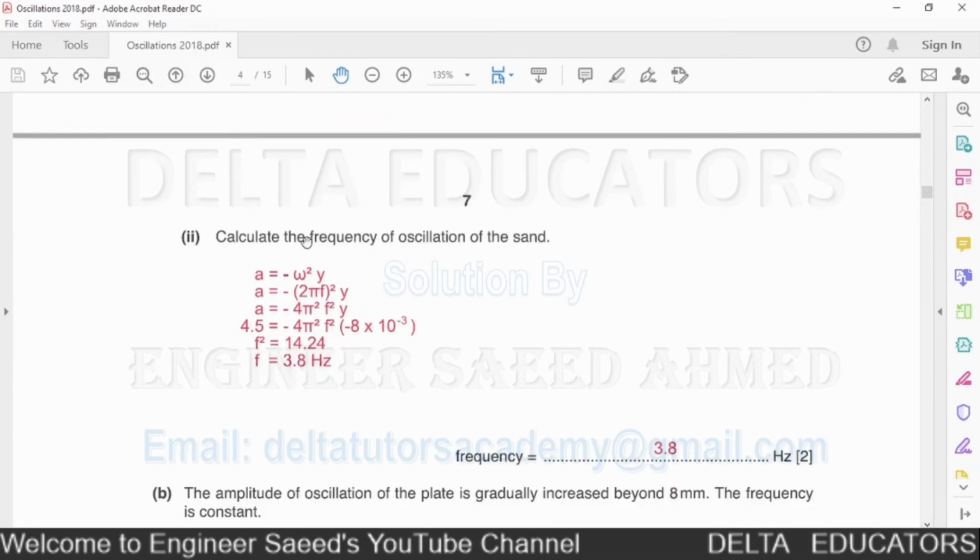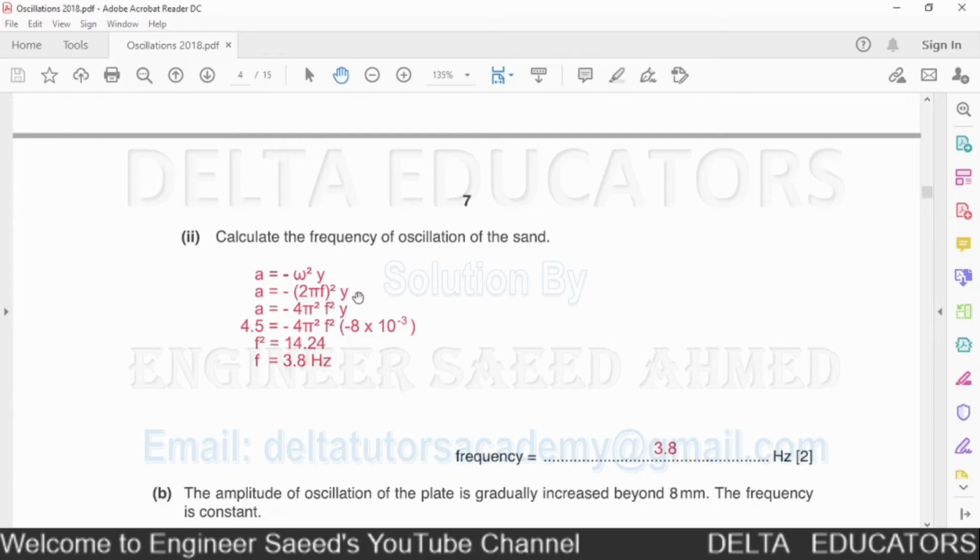So acceleration is equal to minus omega square y. Now omega is angular frequency and angular frequency is given as 2 pi f. So in place of omega square we can write 2 pi f whole square, and by solving this we can write acceleration is equal to minus 4 pi square f square y.